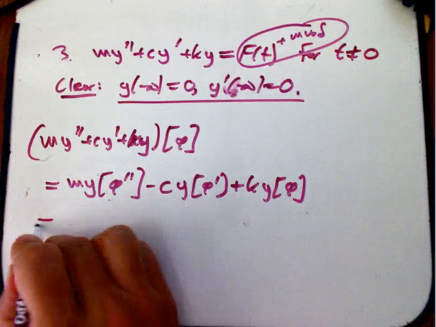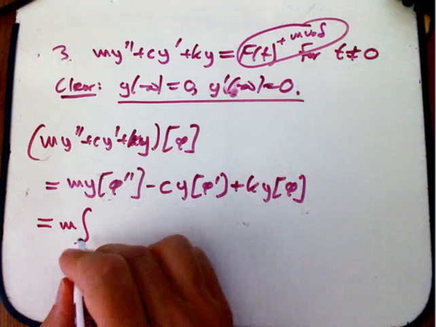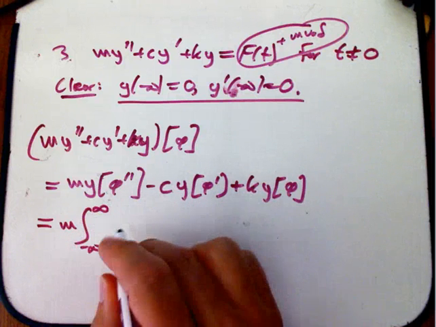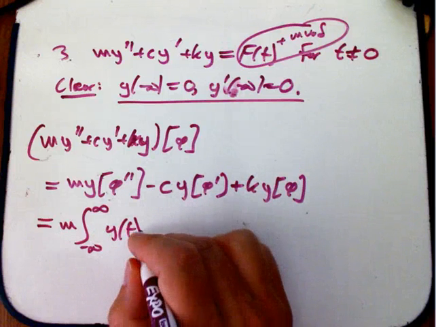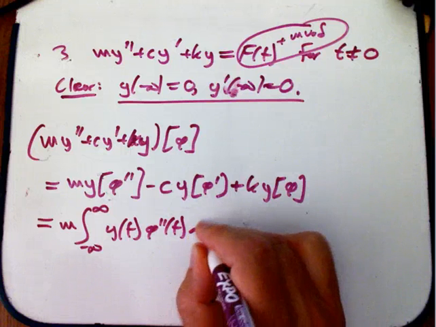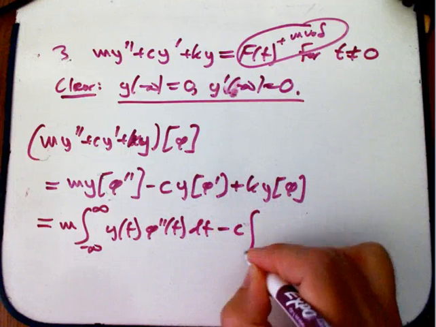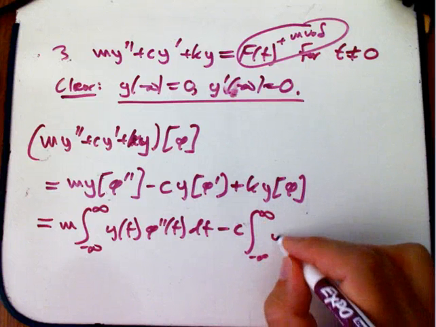So we'll write those out in terms of integrals. m integral, and I need to actually put the limits in explicitly because a lot of them are going to change to zeros in a minute. y of t, phi double prime of t, dt, minus c, so I'm just expanding out the definition of what those brackets mean.